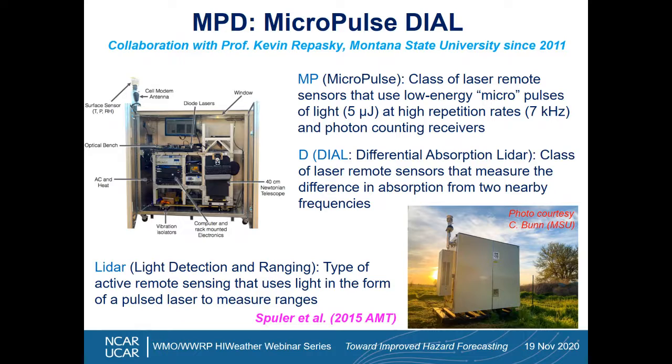This is a class of laser remote sensors that measure the difference in absorption between 2 nearby frequencies. And I'll show you a little bit more about that in the next slide. And then the LiDAR is for light detection and ranging, which is a type of active remote sensing that's similar to radar, but instead uses light in the form of a pulsed laser to measure the ranges.